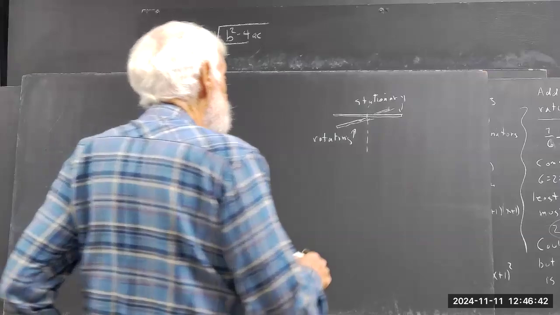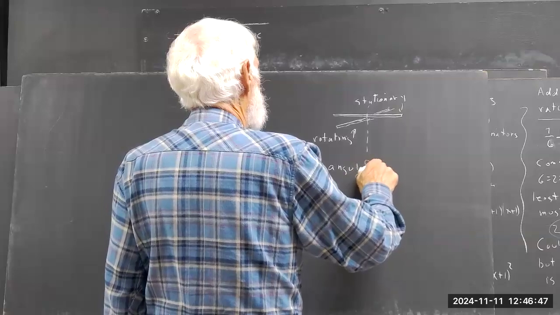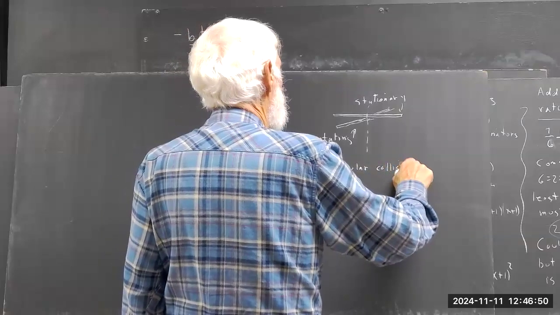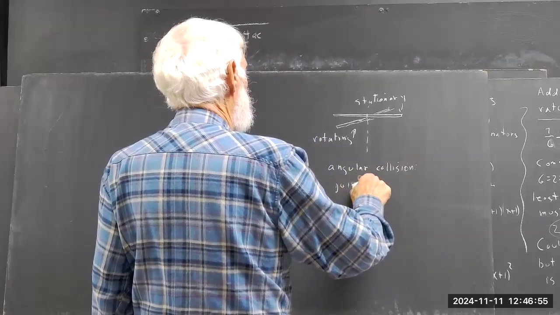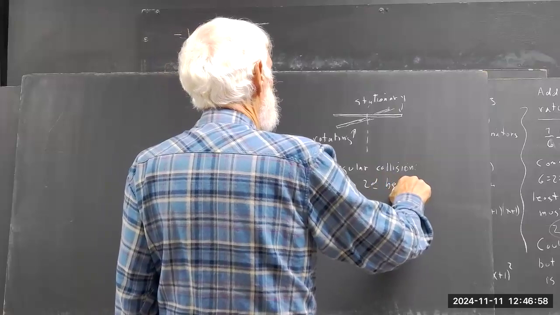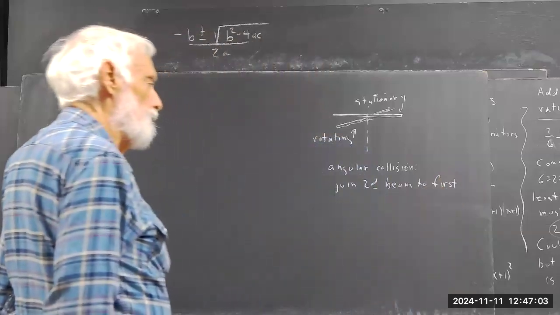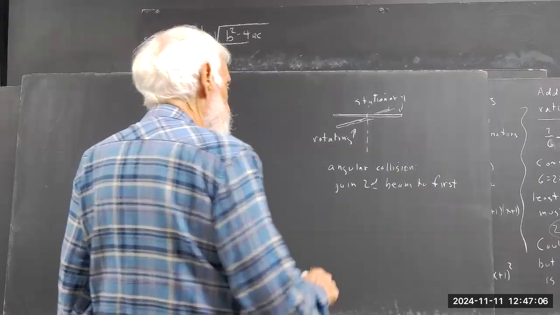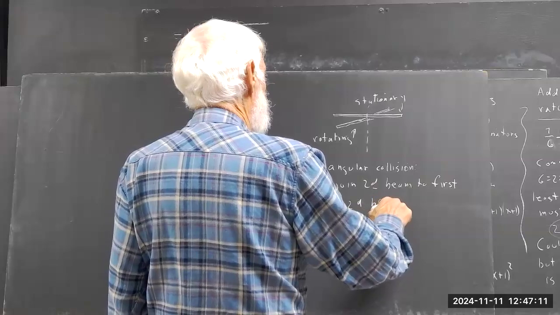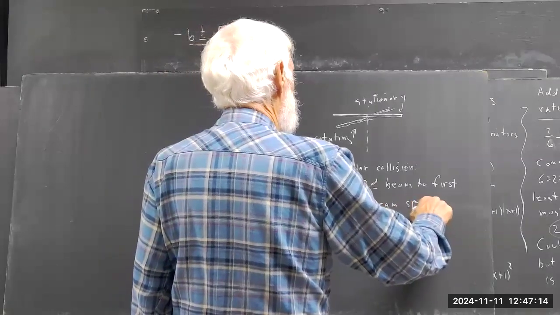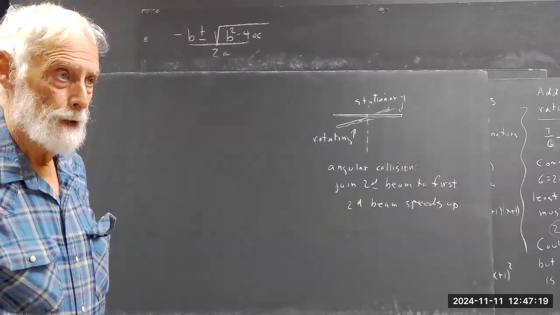You combine the two. Put the second beam to the first. Second beam speeds up. Okay.